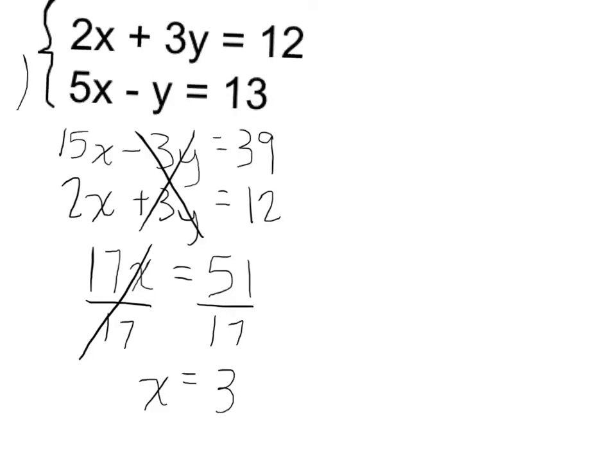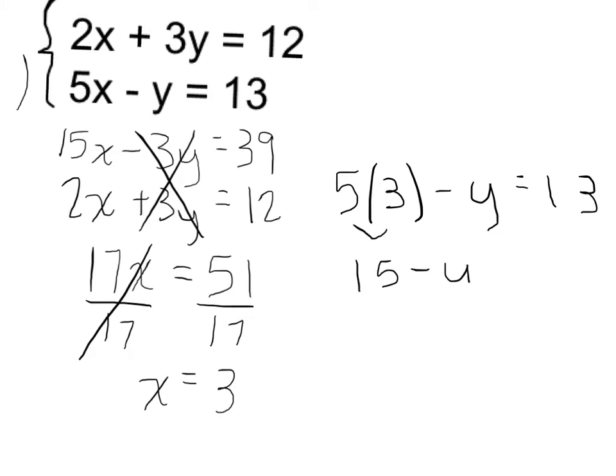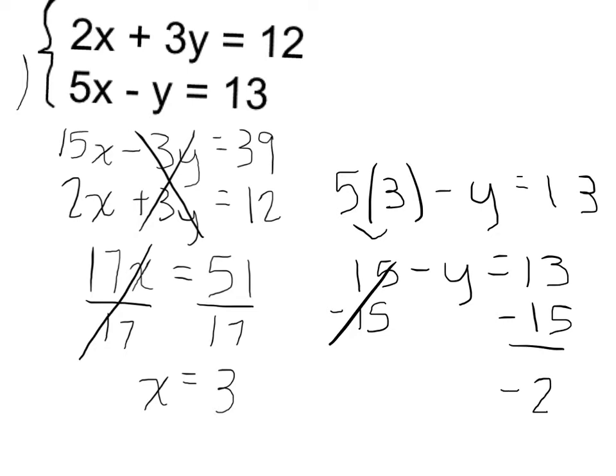Next, you would need to choose one of the equations to substitute the x in for. So if you put 5 times 3 minus y equals 13, then you would multiply the 5 and the 3, getting 15 minus y equals 13. Then subtract 15 on both sides to get y by itself, which gives you negative 2 equals negative y.